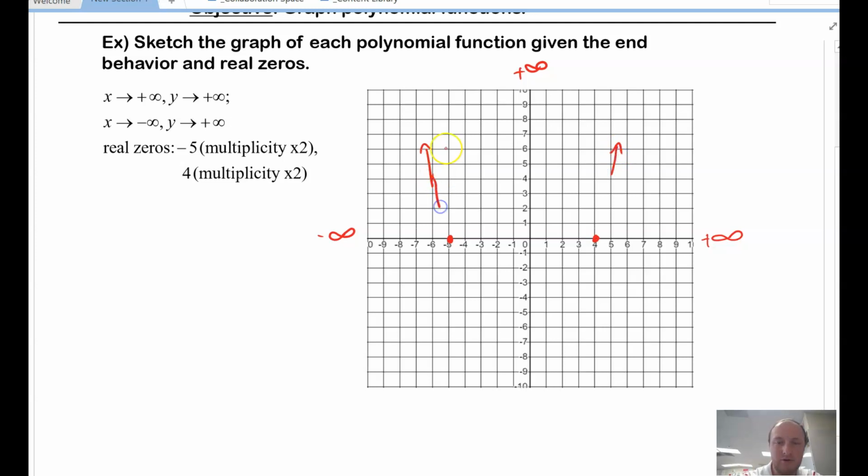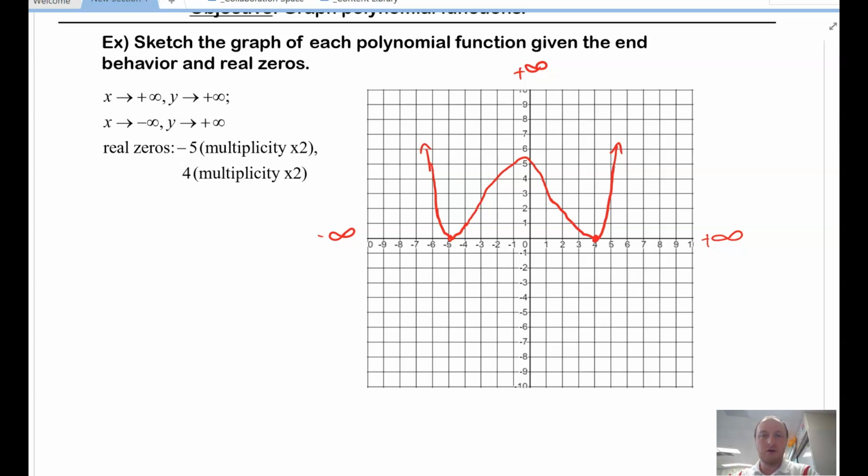I'm going to approach this piece, not even touching it. How about that? Then I'm going to curve and come back down. I'm going to touch 4 and then head back up. So that's what multiplicity looks like.